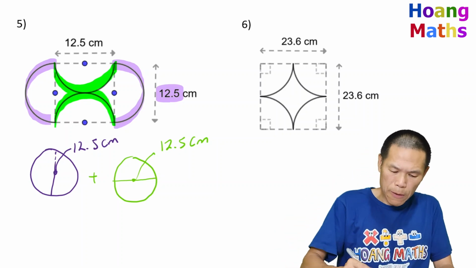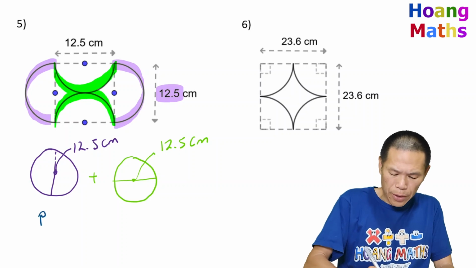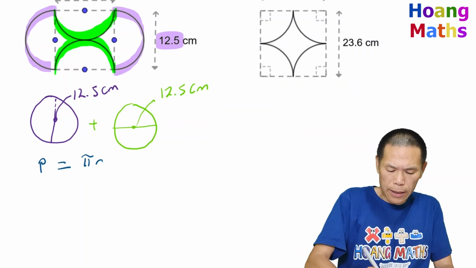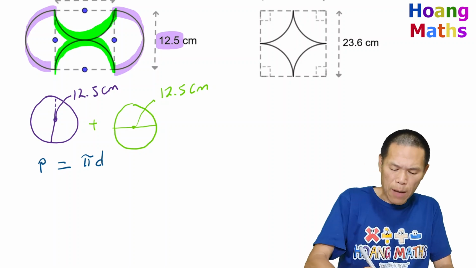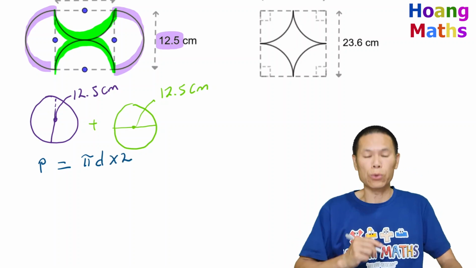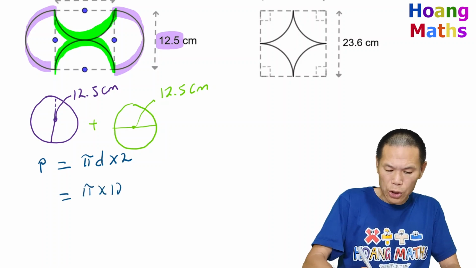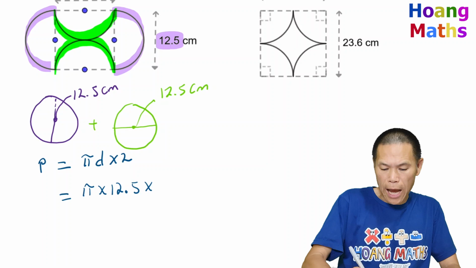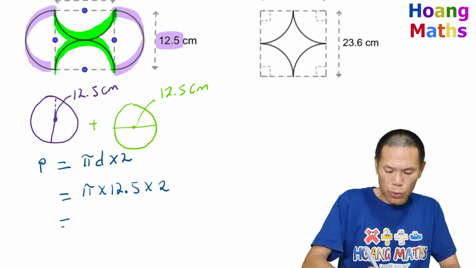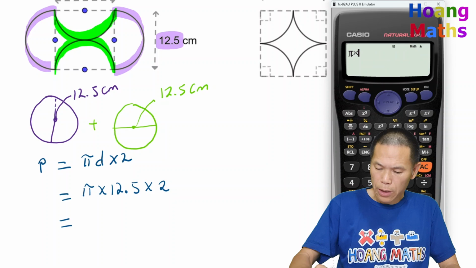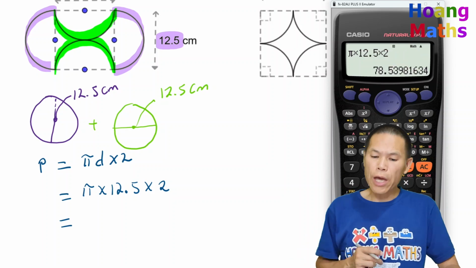So that will give me perimeter is pi d, and we times 2 because 2 circles, and the diameter is 12.5. So pi times 12.5 times 2. That will give me shift pi times 12.5 times 2. There you go.